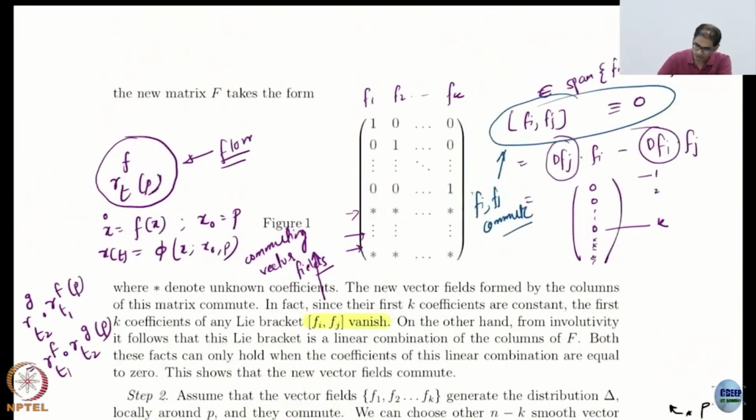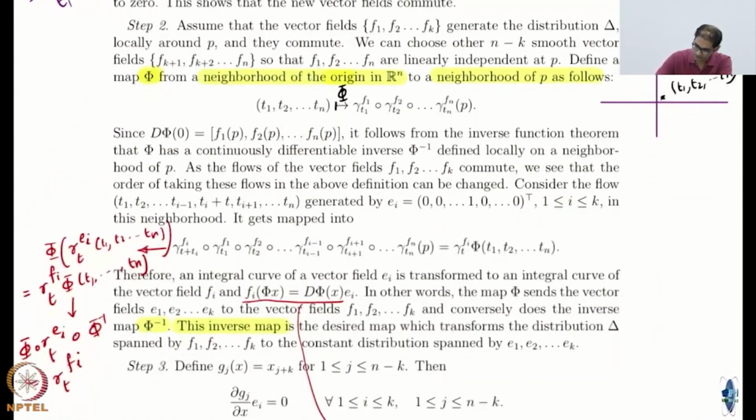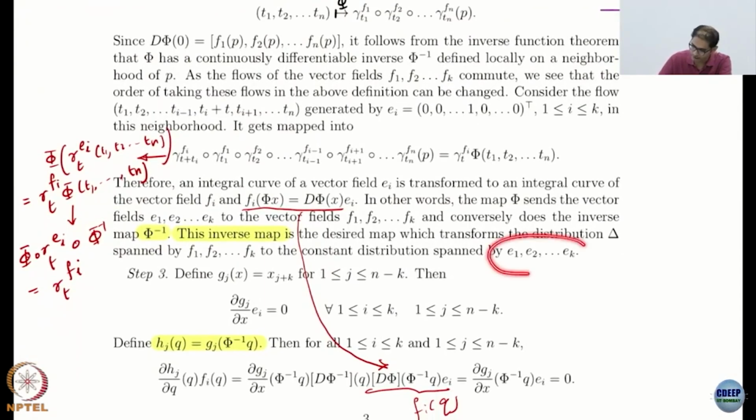We went from the f1 to fk vector fields to the e1 to ek vector fields. And now in order to prove complete integrability, what do I need? I need to come up with the h1 to h(n minus k) that will annihilate this, and this is much easier to do, because annihilating e1 to ek is much easier.